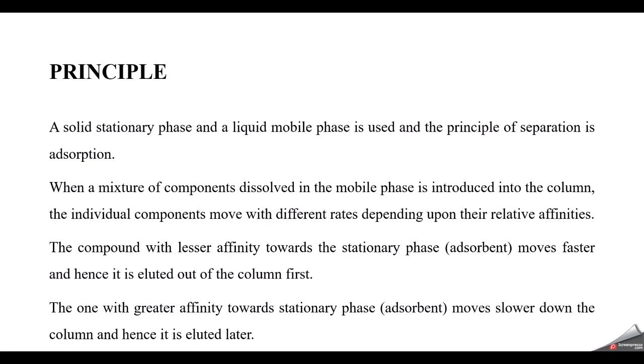If the compound has less affinity towards the stationary phase, then that compound moves faster and hence is eluted out of the column. If the compound has greater affinity towards the stationary phase, it will move down the column slower and is separated later.